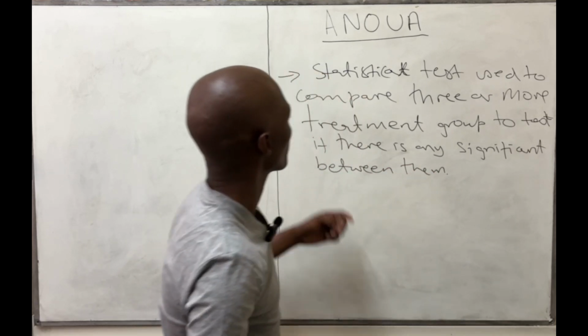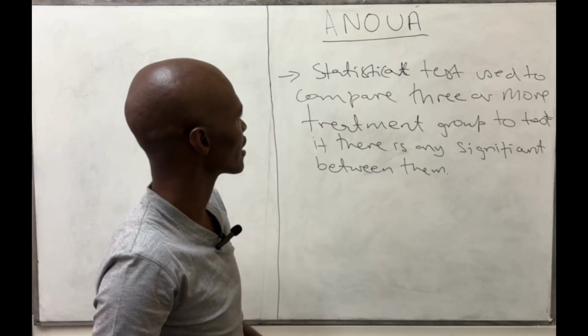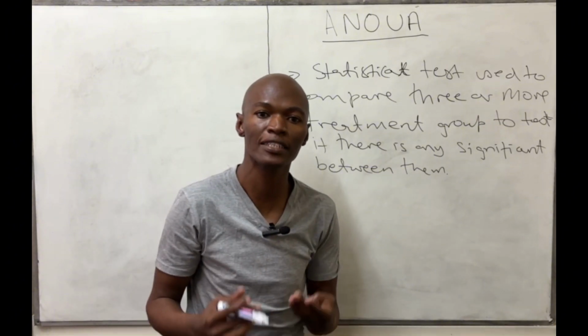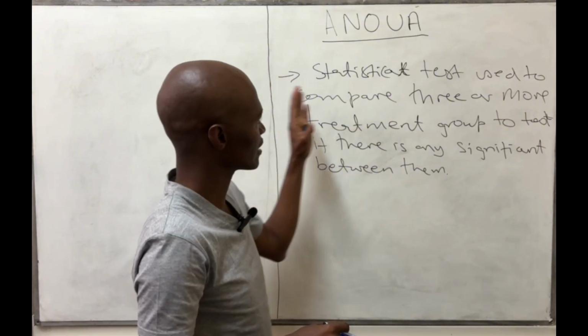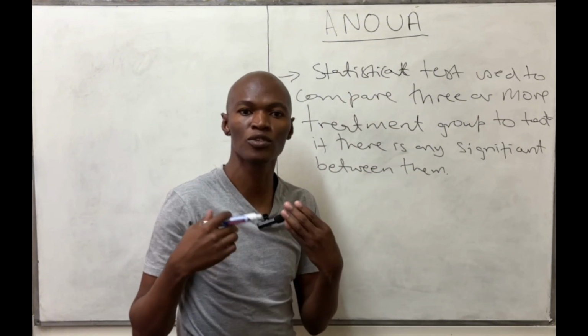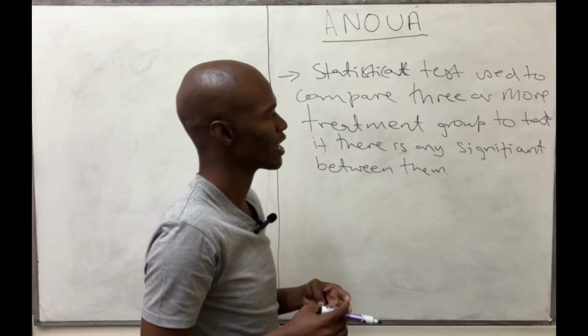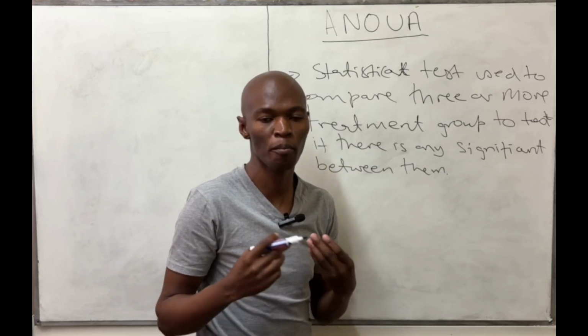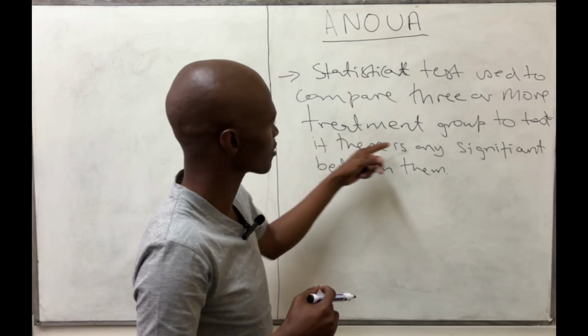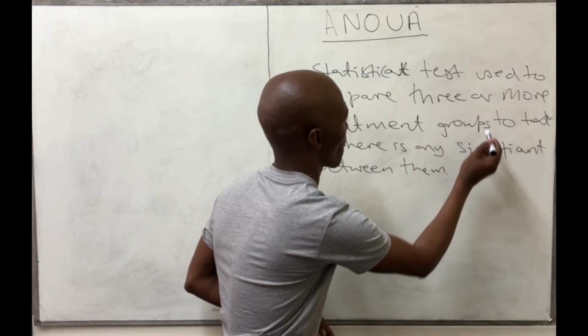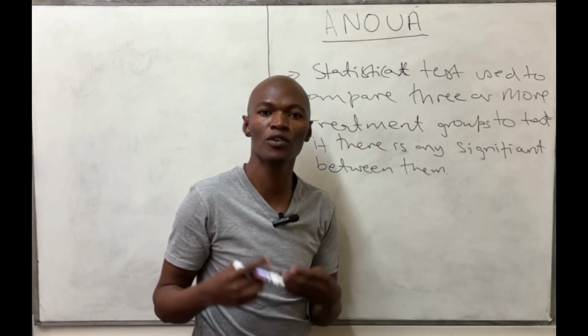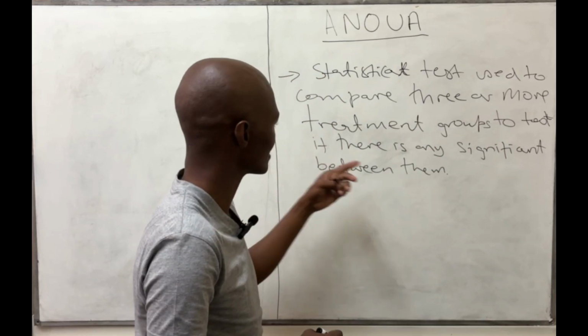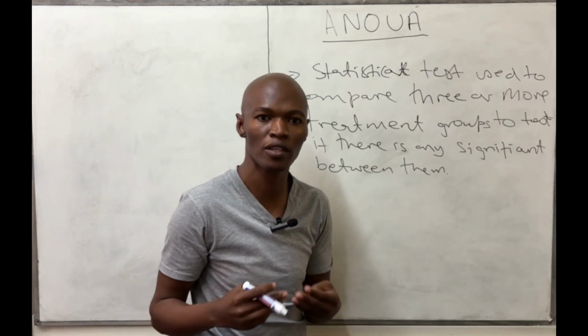So now, we are saying that the analysis of variance, which is commonly known as the ANOVA, is the statistical test that is used to compare three or more means of the treatment groups. So now, this ANOVA is used to test if there are any significant differences between those groups.